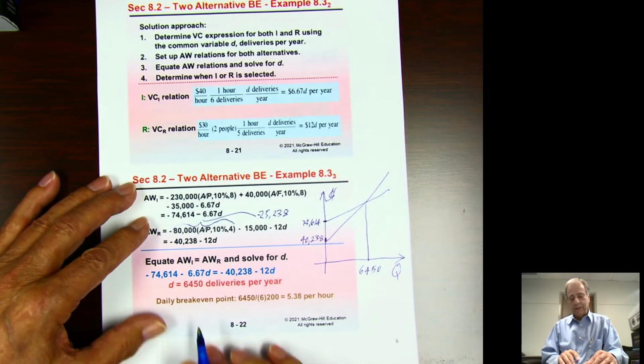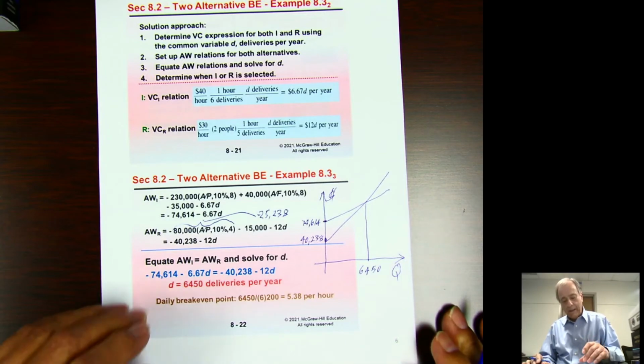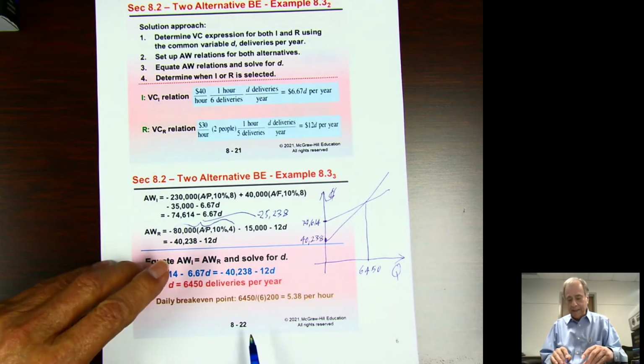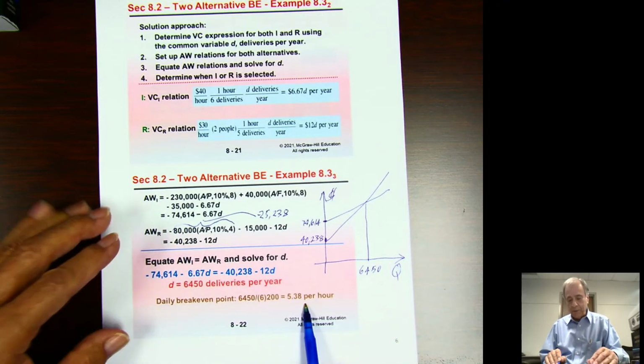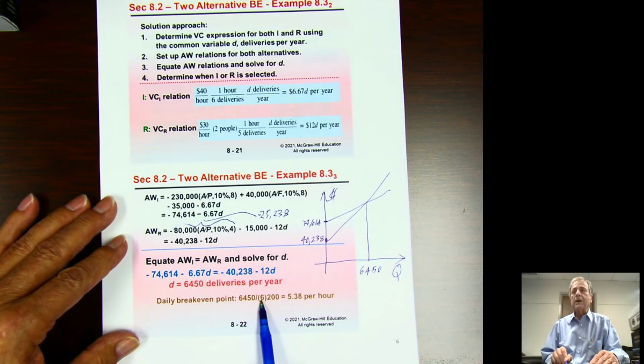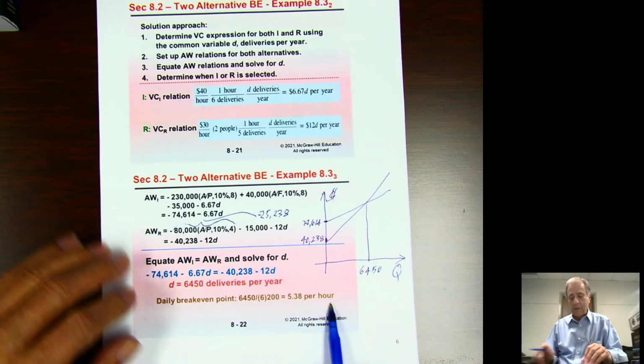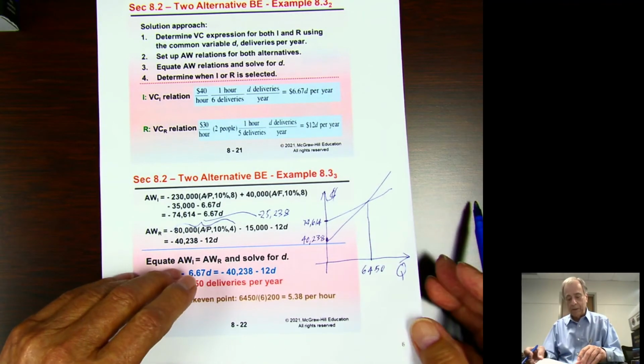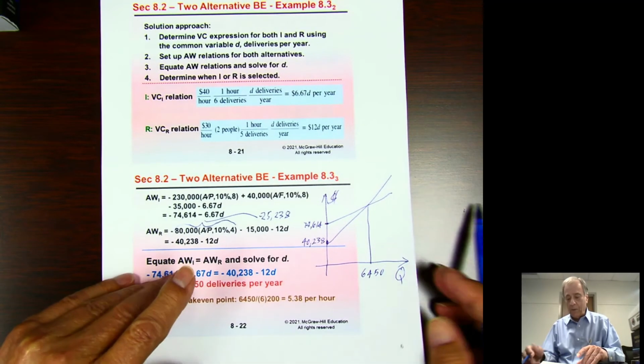So that's what this thing looks like. And if you break that down into deliveries per hour by dividing by the number of hours per year, remember it was 6 hours a day, 200 days a year, so we got 1,200 hours per year of operation, you get 5.38 deliveries per hour.